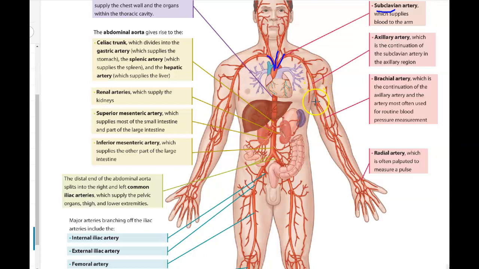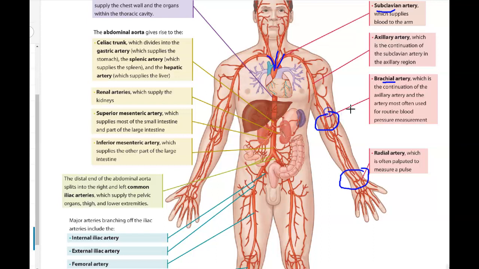Then a couple of them branch off. I just want you to follow the main one, which is the brachial artery. Remember how the top of your arm is brachial. Then by the radius is where you have the radial artery. This is the one you take your pulse from.